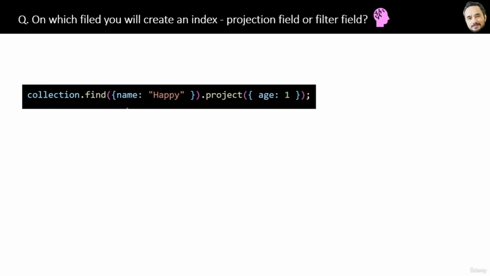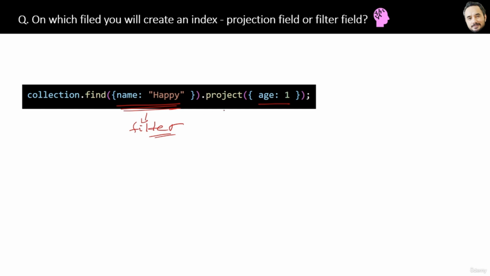So if this is your code, then on which field will you create an index, the projection field or the filter field? How will you decide? See, the answer is create the index on the name field, which is basically the filtering field. The reason is that filtering affects the time for scanning and searching the whole collection, right?